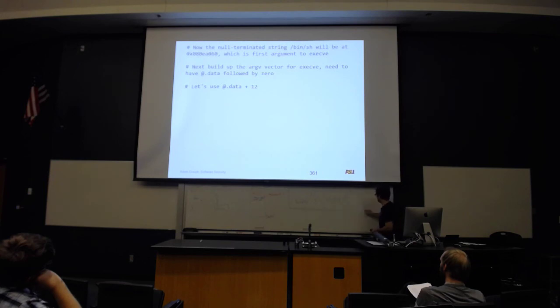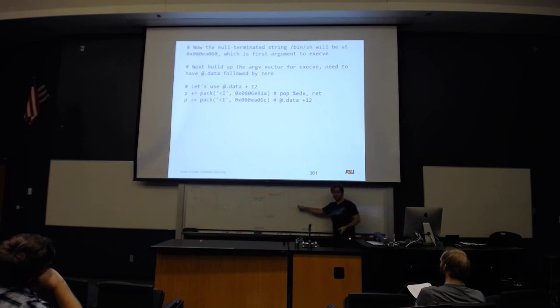Now we want to write a pointer into data plus 12, so this is data, data plus 4, data plus 8, data plus 12. We want to write the address of data, a pointer into /bin.